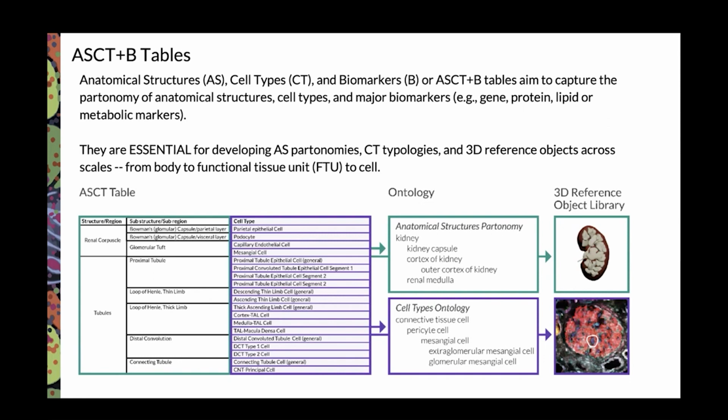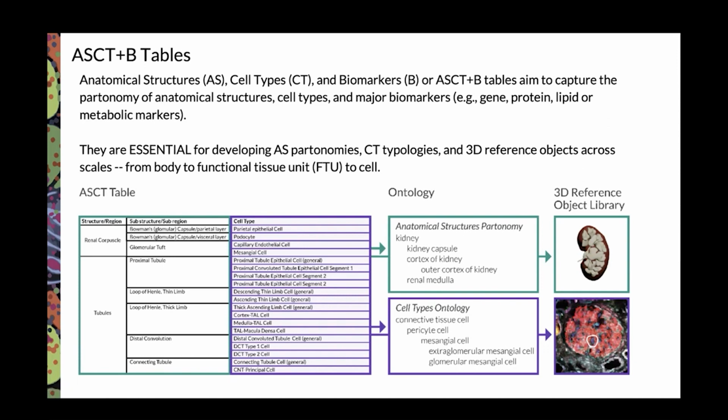And then Jeff just showed his work, his team's work on identifying functional tissue units in kidney. And those can now also be brought in to provide physical manifestations of the typical size and location and density of certain anatomical structures within the context of the kidney cortex, for instance.